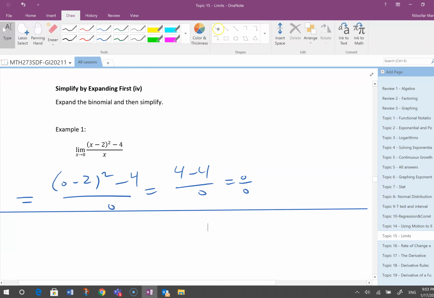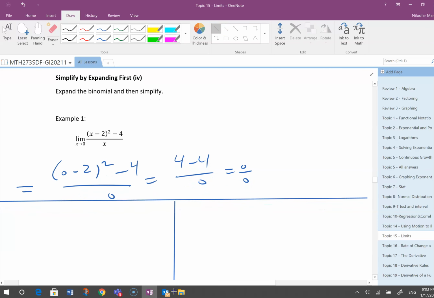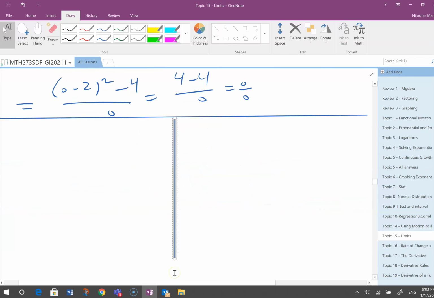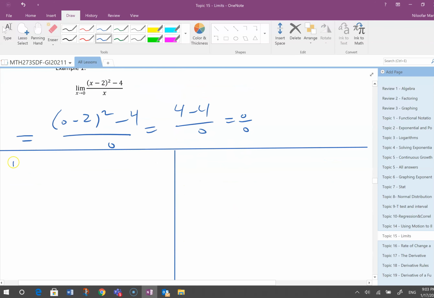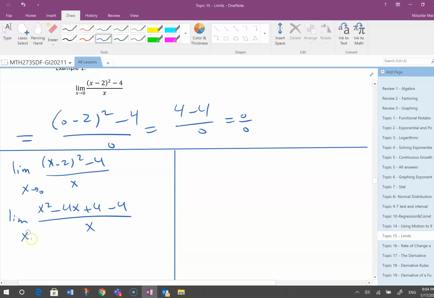So here, limit of x minus 2 squared minus 4 over x, x goes to 0. Limit of x squared plus 4 minus 4x minus 4 over x, if I want to follow Pascal. x goes to 0.